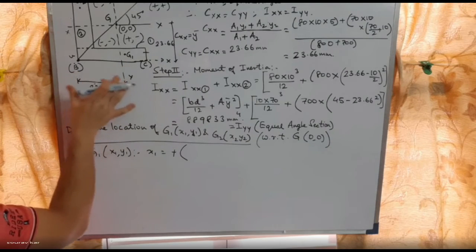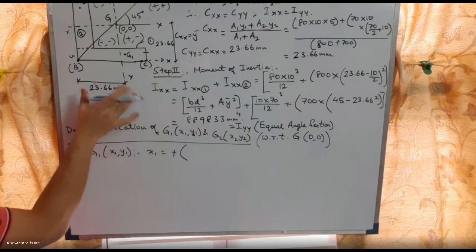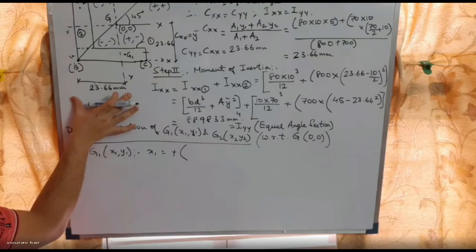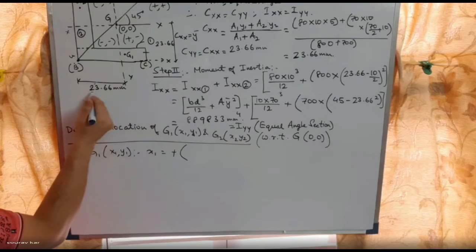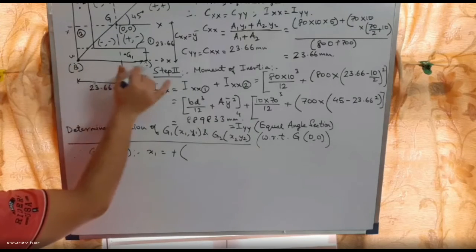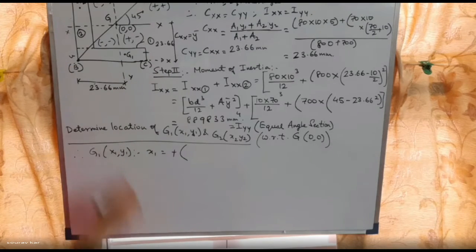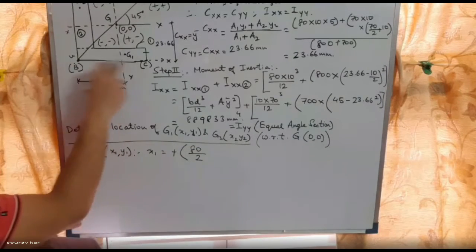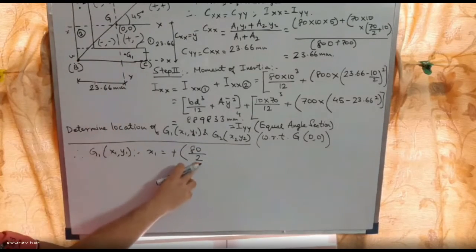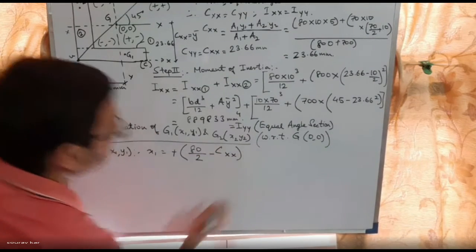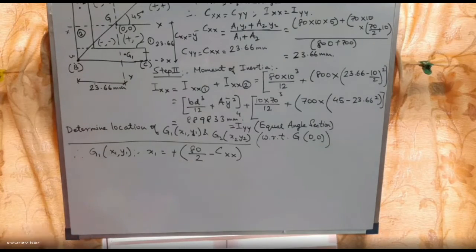What is the CG from this axis? 23.67 from this side. And what is the CG of this body? 80 by 2, which is more. This base is 80 mm. So the CG is 80 by 2 minus CXX. This will be the location of X1.